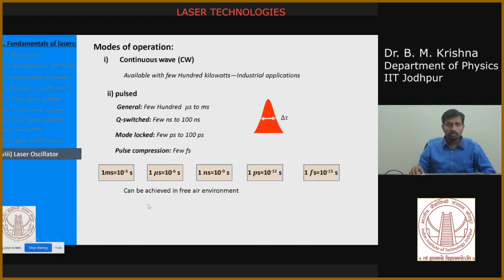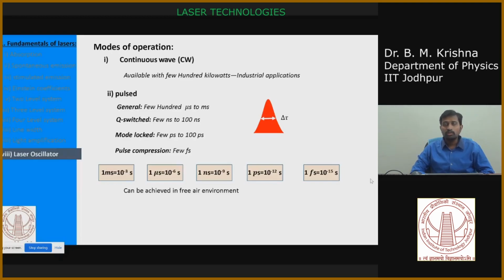Now in a free air environment, you can achieve all these pulse durations. Free air means right now, without any vacuum creation in the laboratory or any specific environment, in an ambient environment you can create these pulse durations.